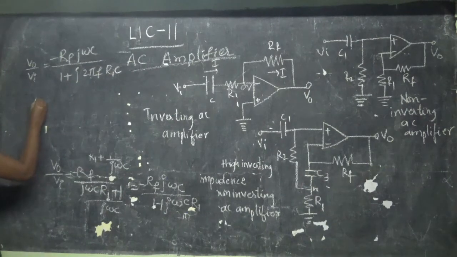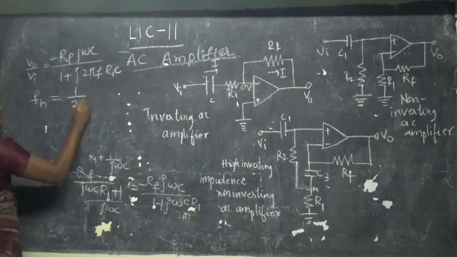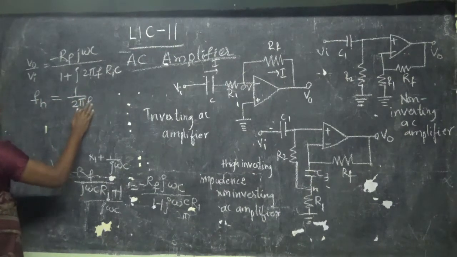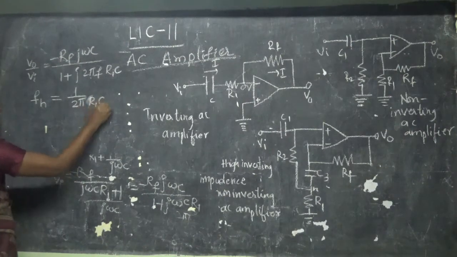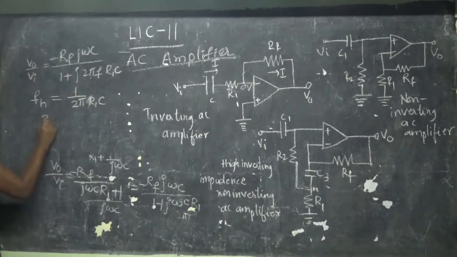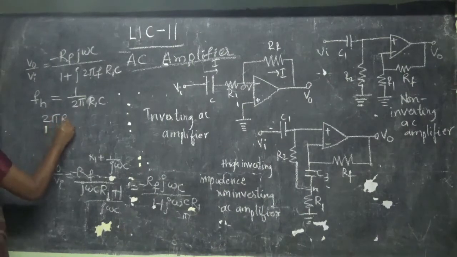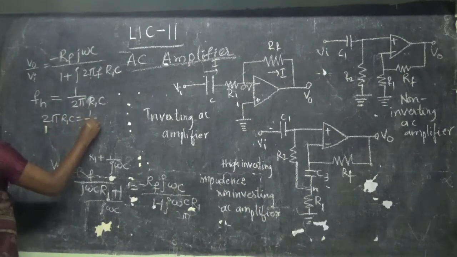Now, if I take FH equal to 1 by 2 pi R1C, then 2 pi R1C is equal to 1 by FH.